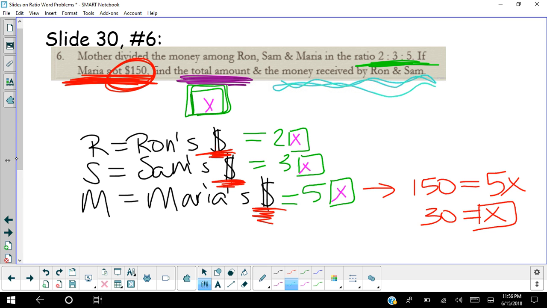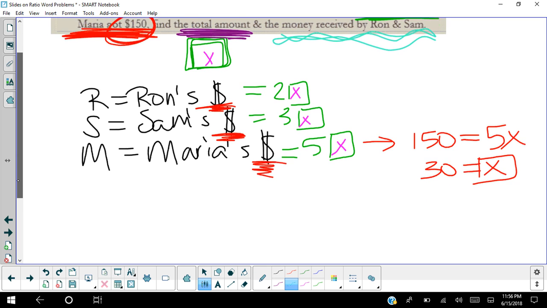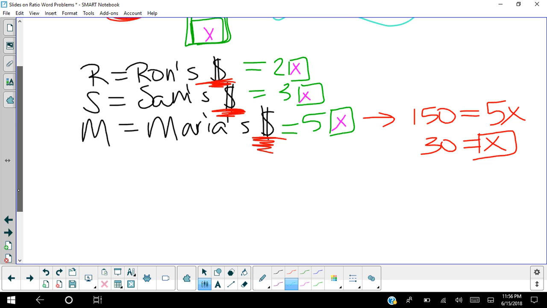Okay, well, I already know how much Maria got. She got 150. And now I know this random quantity that it is 30. So if I take that, then this becomes equal to 2 times 30, which is 60.